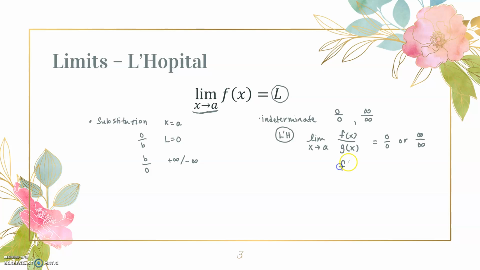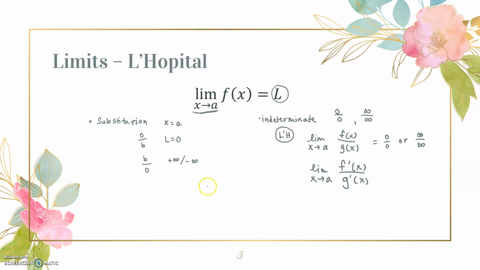So I'm just going to take the derivative of f and the derivative of g, not doing quotient rule, but just taking those derivatives separately. And you can then maybe evaluate your limit using L'Hopital's rule.